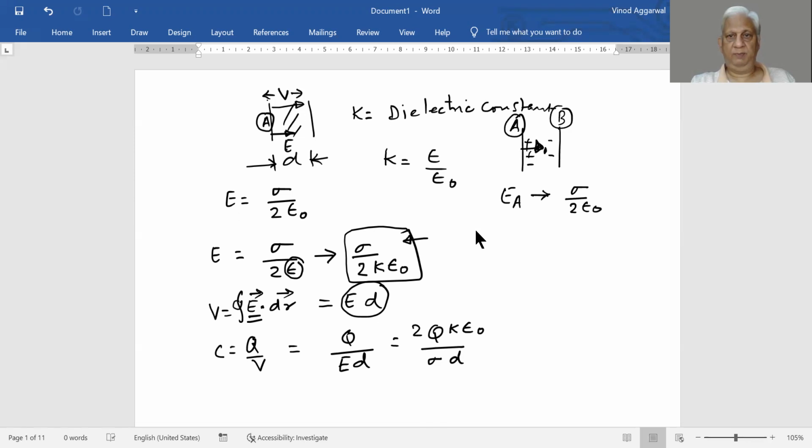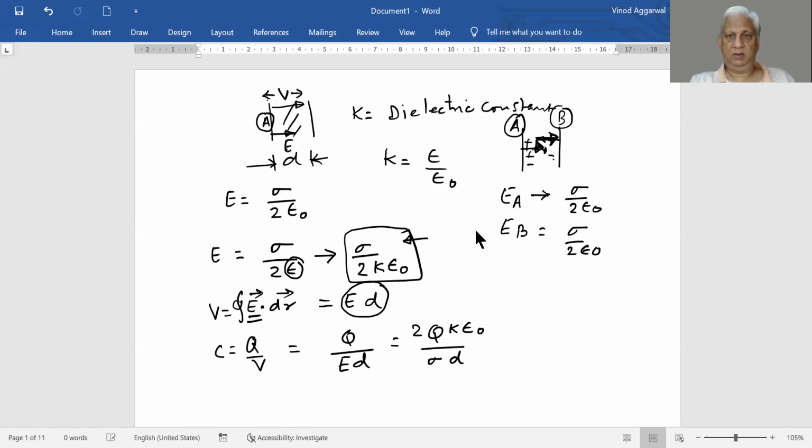If we take a point here, this is E A. Now what will be the field at the same point because of B? Since B is negative, the field is again in this direction, with the same magnitude.